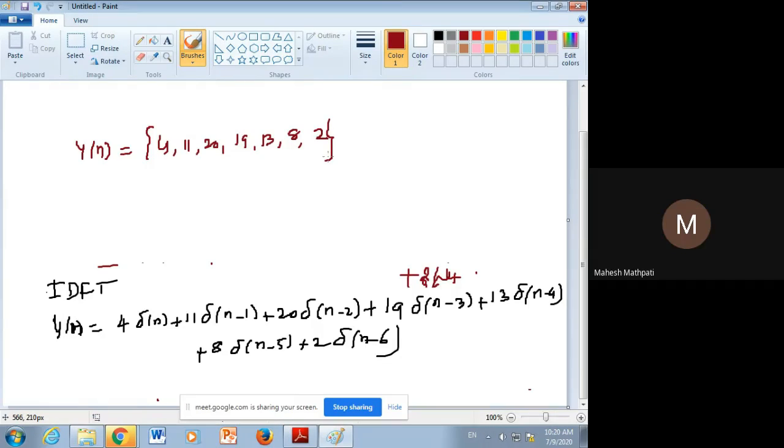Now, is this our final answer according to circular convolution? After this multiplication, the value we got is the result of linear convolution. Now we want to convert this into circular convolution. How do we convert that? How do we convert this linear convolution result into circular convolution?